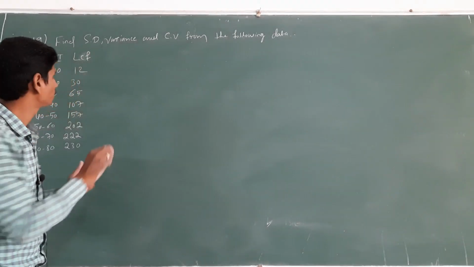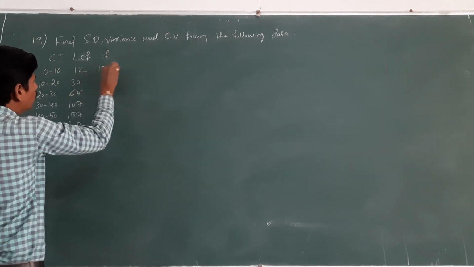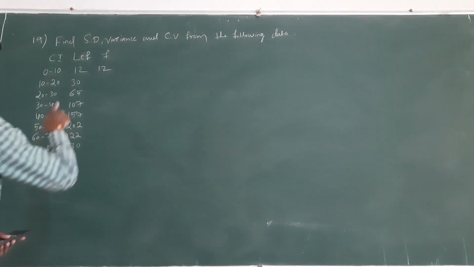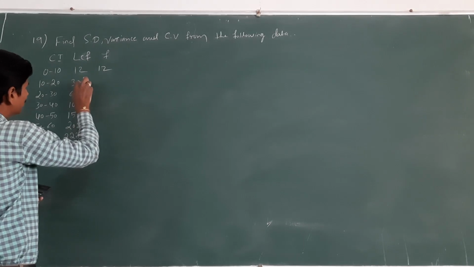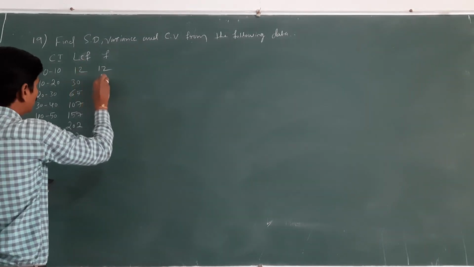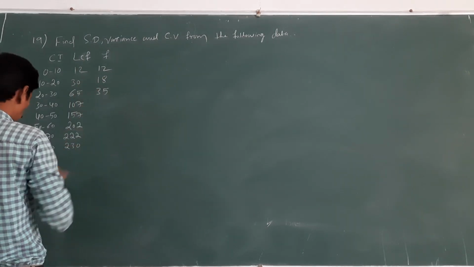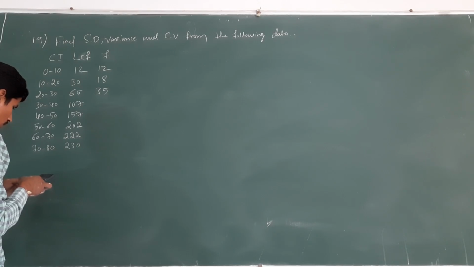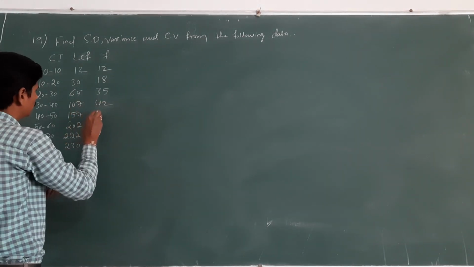We want the frequencies. Here the first frequency and the first LCF are both the same, 12. The second is 30 minus 12, that is 18, second LCF minus first LCF. The next is 65 minus 30, 35. 107 minus 65 is 42. 157 minus 107 is 50.